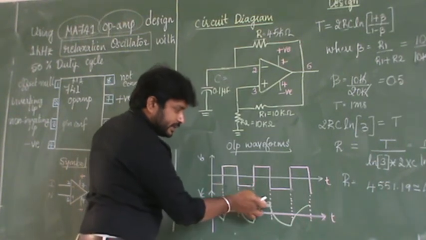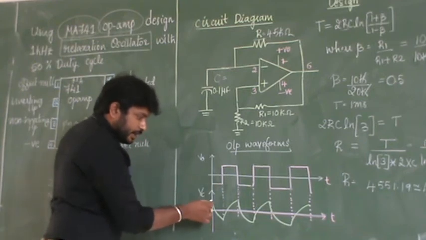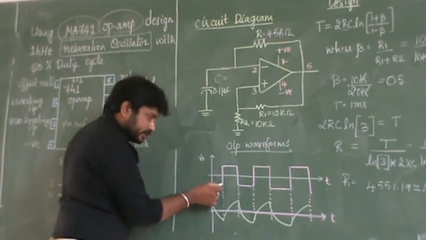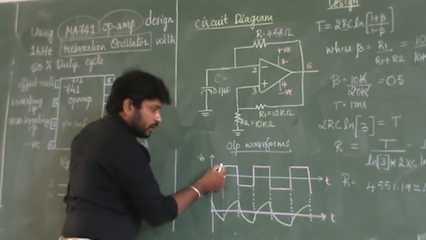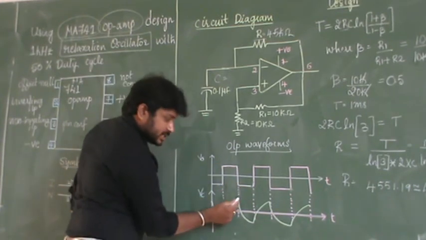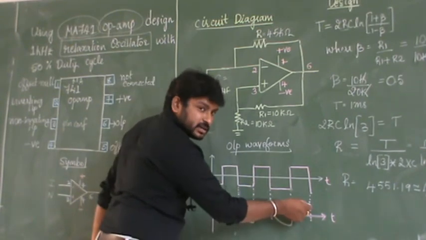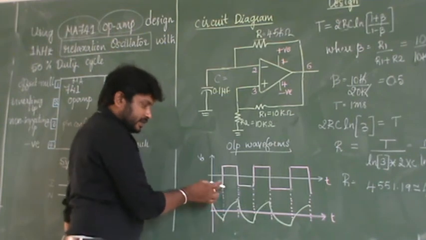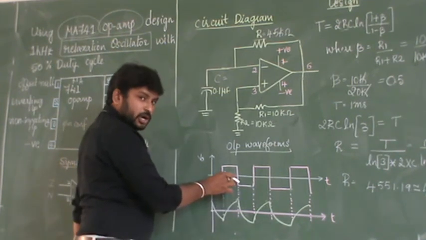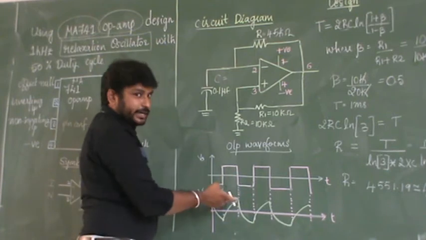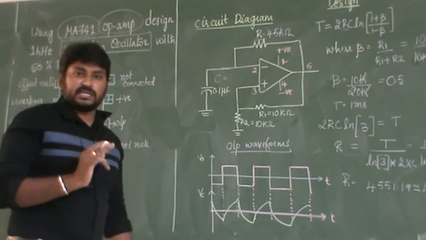So during the off cycle my waveform is falling, and during the on cycle my waveform is rising: falling, rising, falling, and rising. When it is falling, it is in the off period, and when it is rising, it is in the on period. That's why I have written the dotted lines. If you do not write the dotted lines, then it will not have proper synchronization.